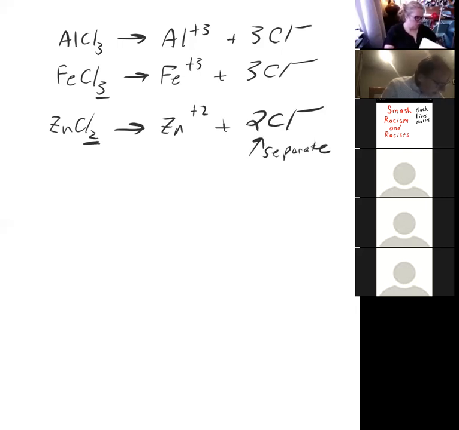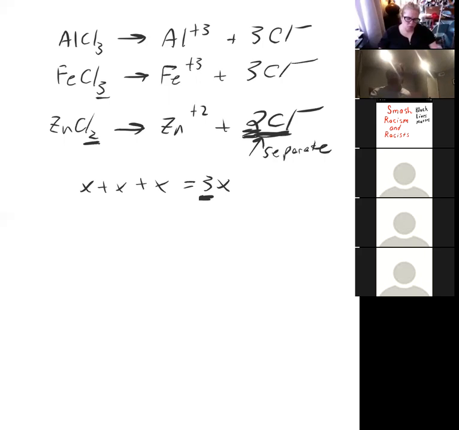Remember in math, x plus x plus x is equal to 3x. So if these are separate, you write the 2 in the front as a notation. That's what we're doing. I mean, in theory, you could write it this way: Al3+ plus Cl- plus Cl- plus Cl-. But that's not how it works.